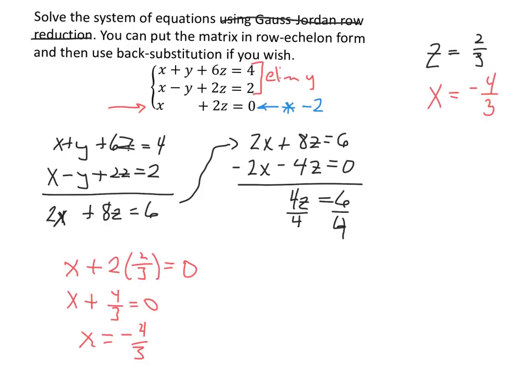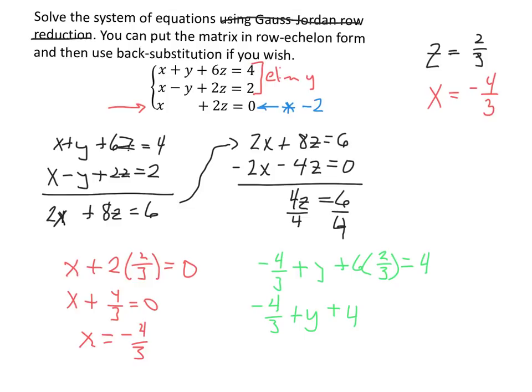And then we can finish this off by finding our y value. We could use either one. I'm going to use the top. I know that x is negative 4/3 plus y plus 6 times z. Remember, z is 2/3, equals 4. Negative 4/3 plus y plus, now 6 times 2 is 12, and 12 divided by 3 is 4.